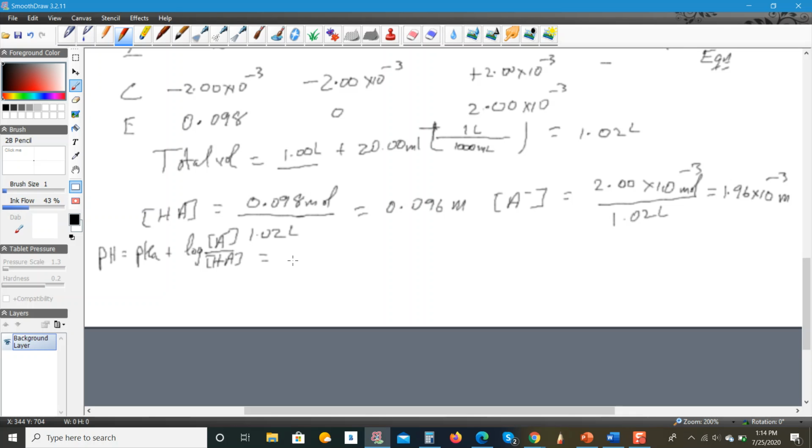Now the Ka is given, so to find the pKa, that would be minus log of the Ka, which is 1.80 times 10 to the minus 5, plus log of A minus, which is 1.96 times 10 to the minus 3 M, all divided by 0.096. And when I work this out, the answer I got is 3.04.